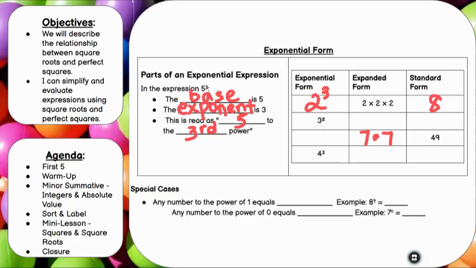Now that we're more into algebra, a lot of times we'll drop the multiplication times symbol and use a multiplication dot instead. So 7 times 7 is the expanded form. And then in exponential form, 7 would be the base, 2 would be the exponent. We could say that as 7 to the second power, or 7 to the power of 2, or we can actually say it as 7 squared as well.